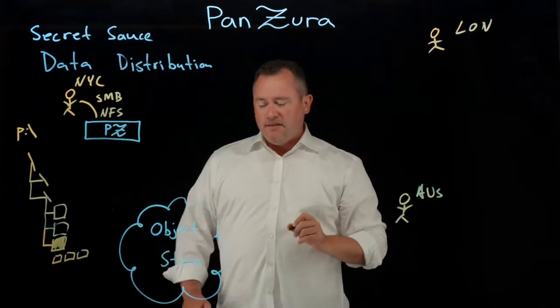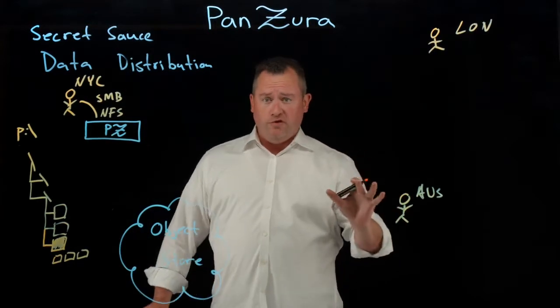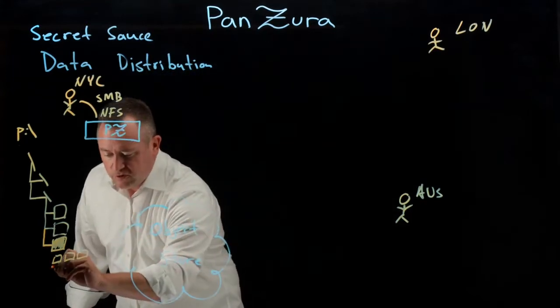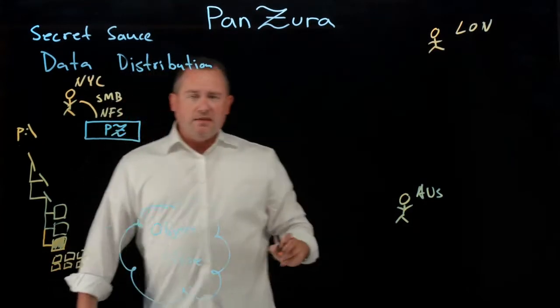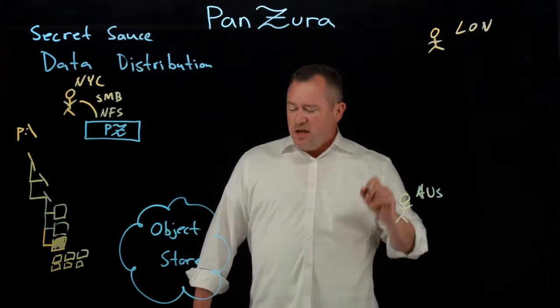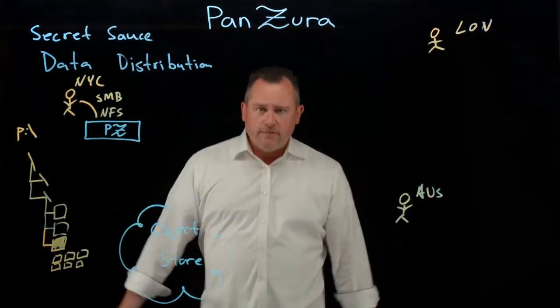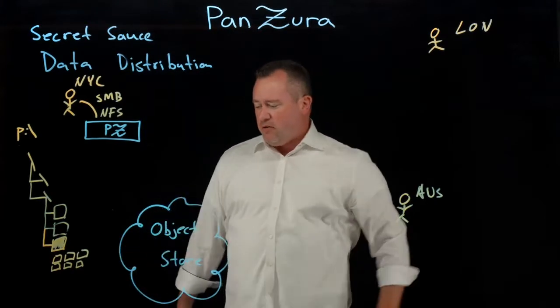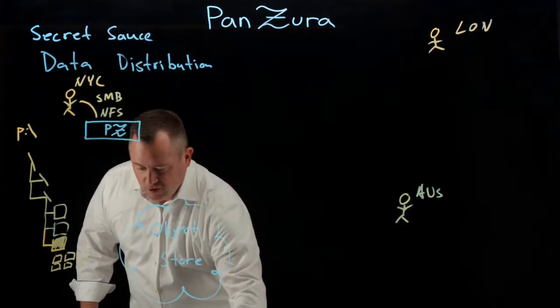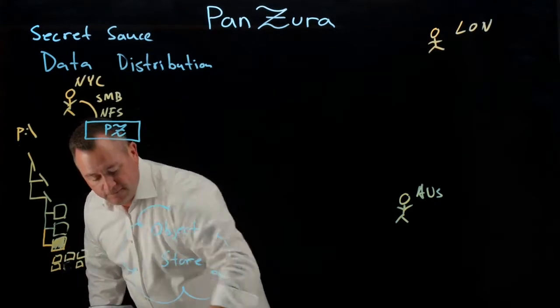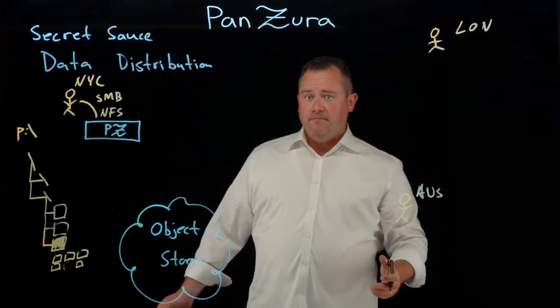The next thing we're going to do, and after this, Panzura always works at the block change level, is compress those blocks, making the data as small as possible. And finally, we're going to globally dedupe against any block we've ever seen before. We're going to compare that. Let's assume that this block here in the middle is redundant. So guess what? I don't need it, right?